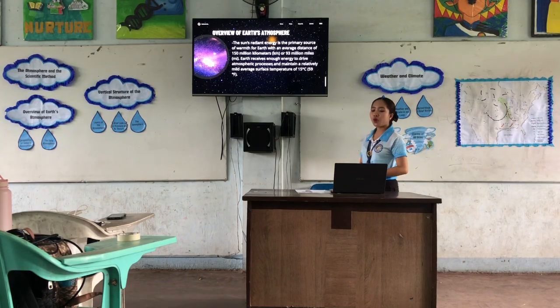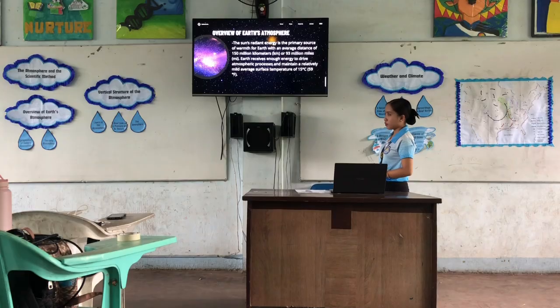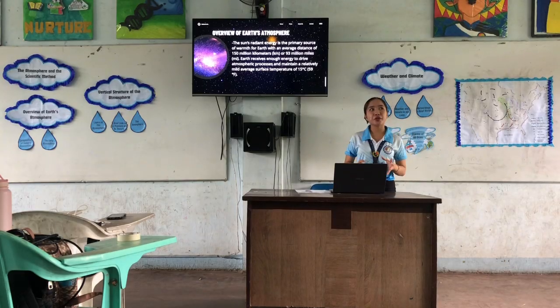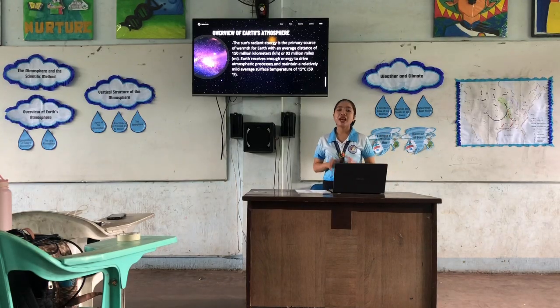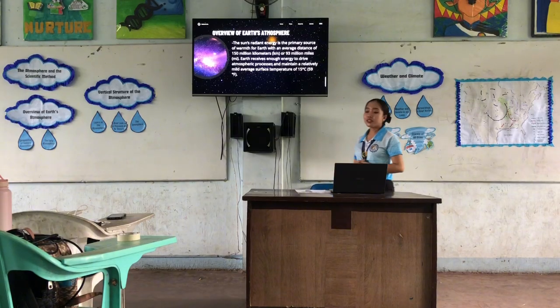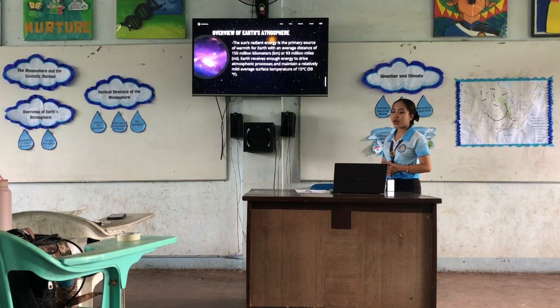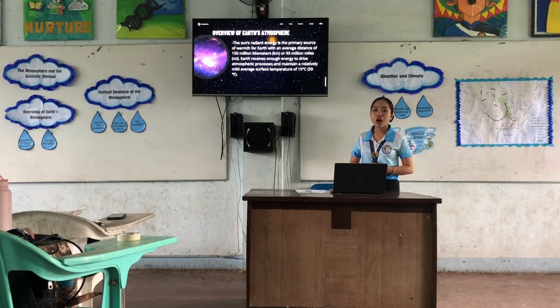Then we have the overview of the Earth's atmosphere. So we all know from our elementary days the solar system, and the center of our solar system being the sun. So the sun's radiant energy is the primary source of warmth for Earth, with an average distance of 150 million kilometers or 93 million miles.